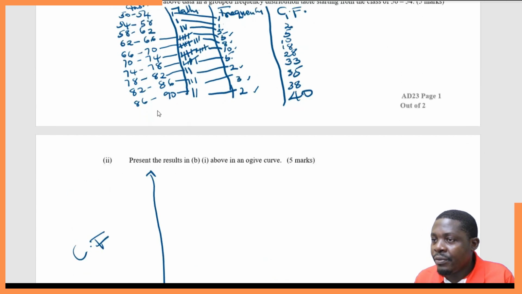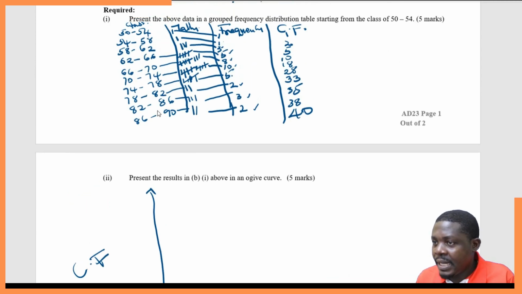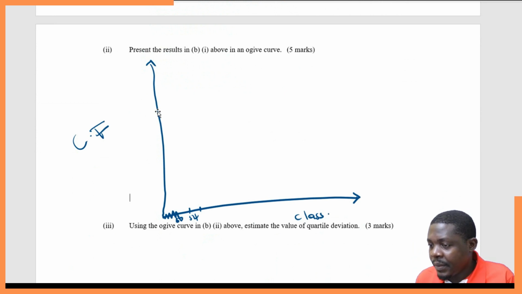I'm starting from 50, then 54, then 58, 62, 66, 70, 74, 78, 82, 86, 90.